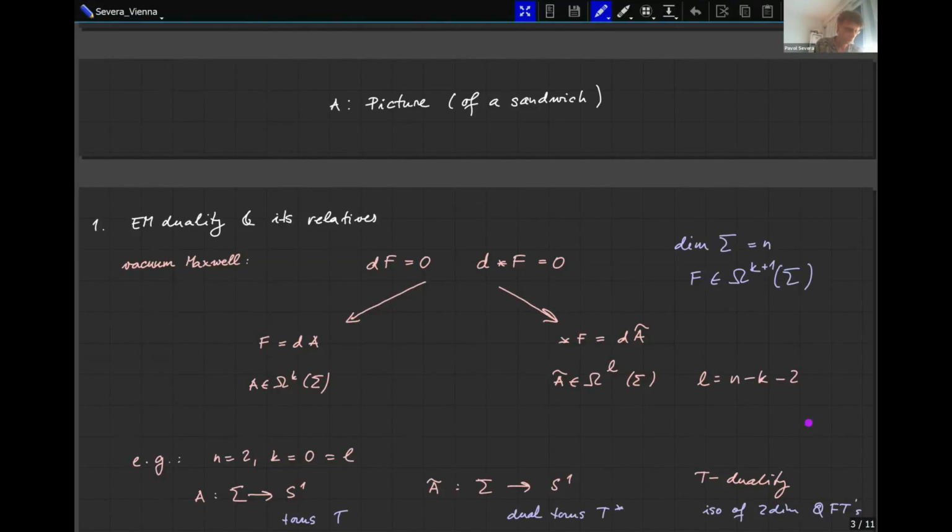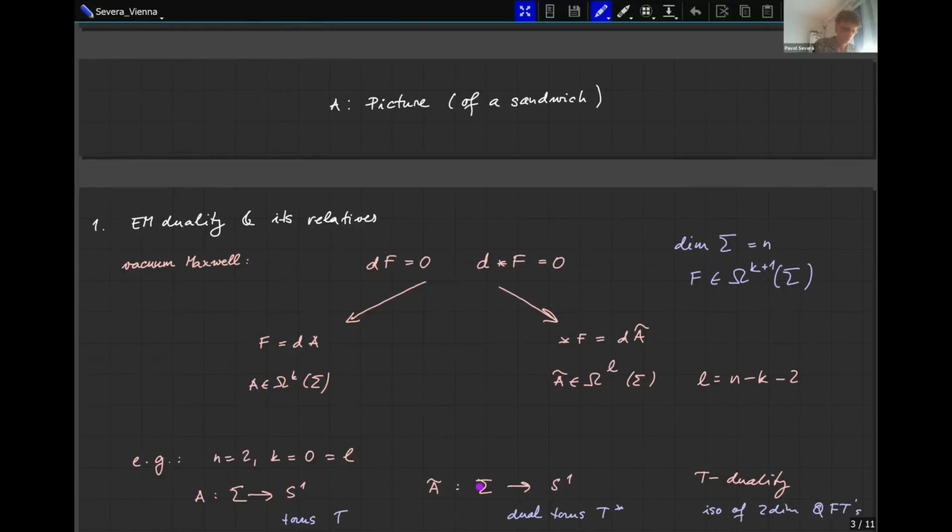the first dimension where something interesting can possibly happen is n equal to 2, when F and also star F are 1-forms, and therefore A and A tilde are 0-forms, functions. If you want to do it properly, A tilde should also go to the circle rather than to R, but it's not a big difference.